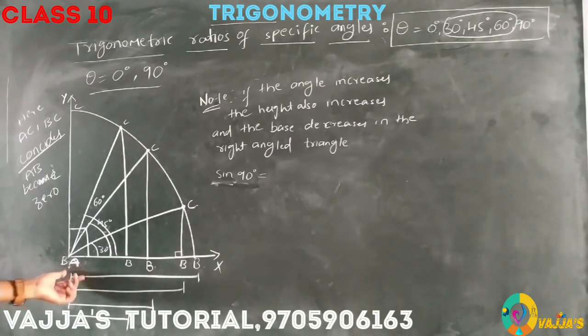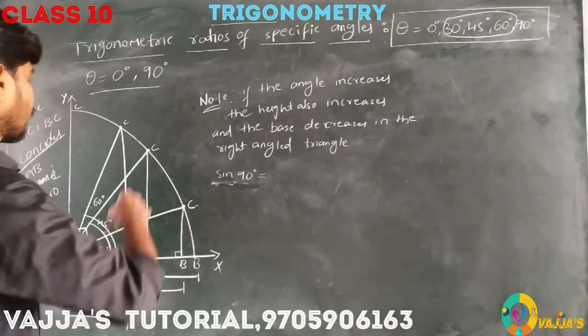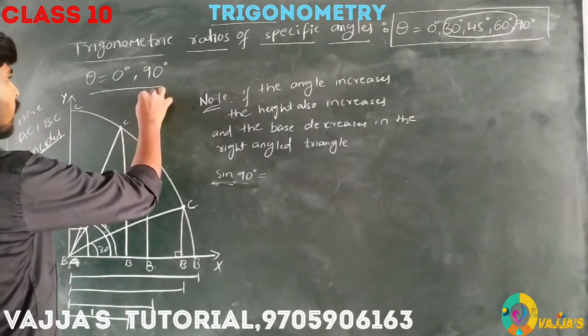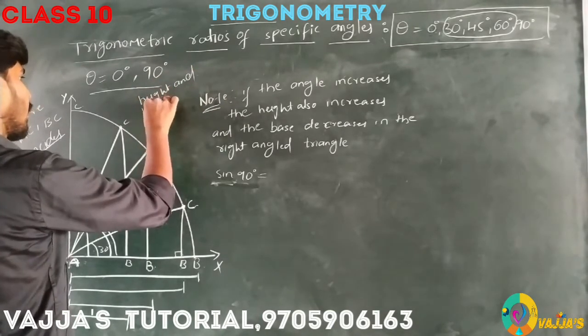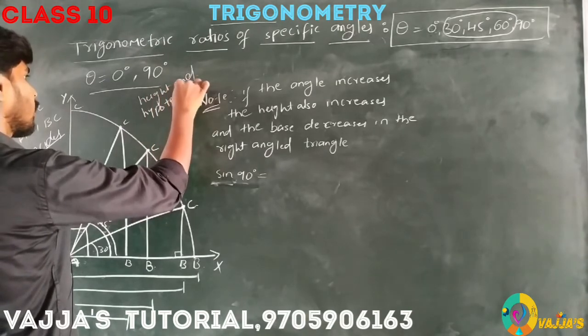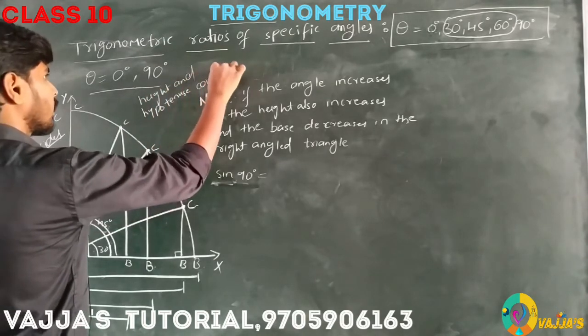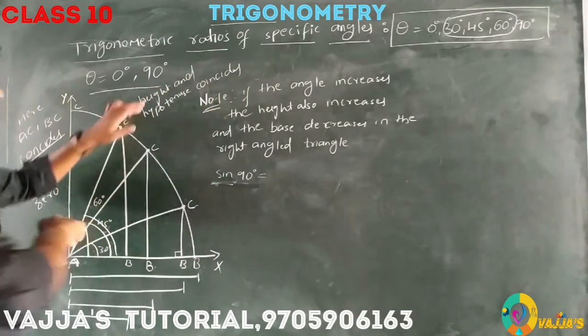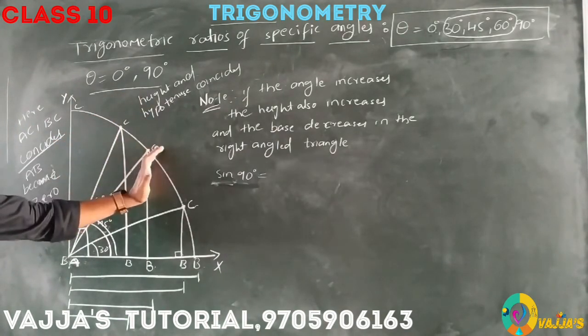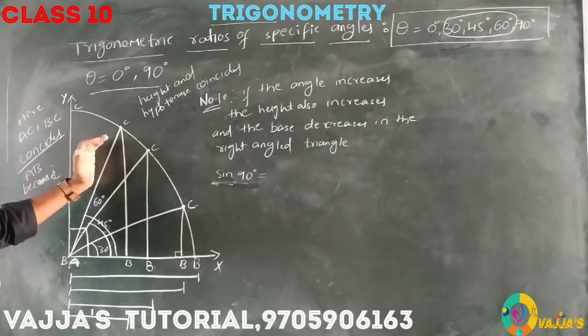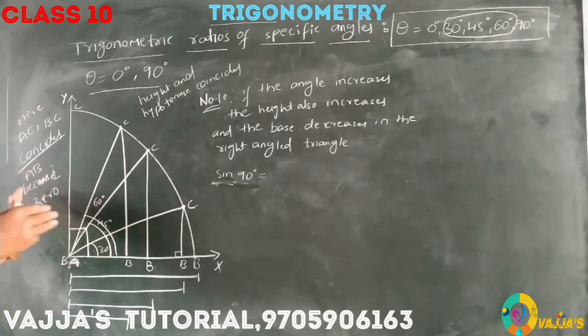AB became 0 and AC, BC coincide. That means the height and hypotenuse coincide. In particular, height is nothing but the opposite side. The opposite side and hypotenuse coincide and the base became 0 here.